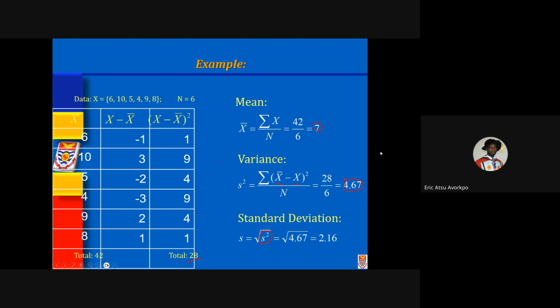Any question from here so that I can zoom into the next slide? Any question whilst I'm switching? I'm listening.